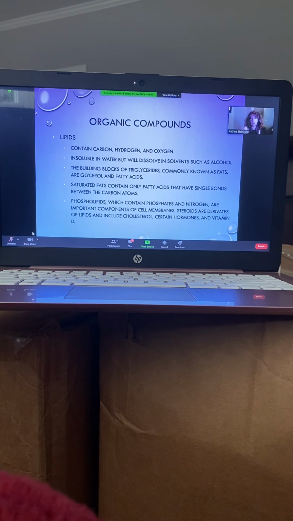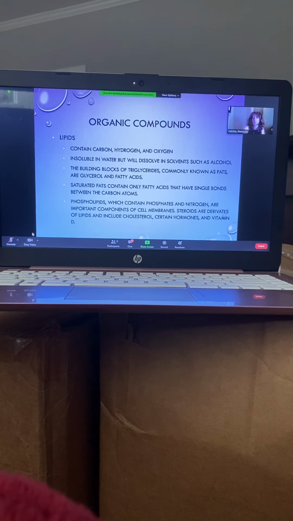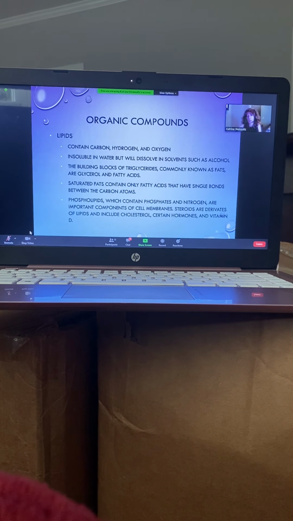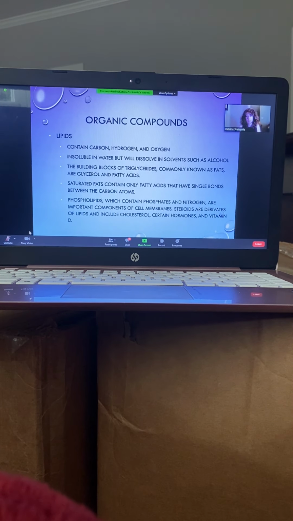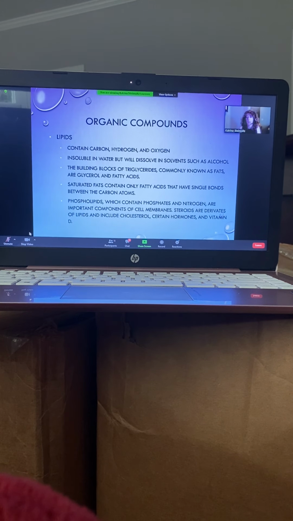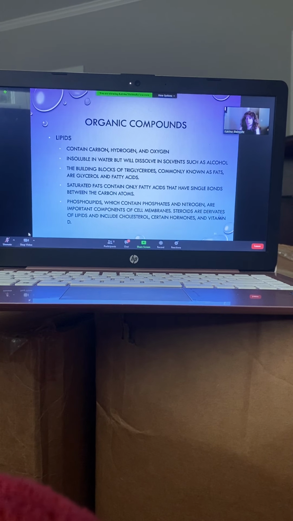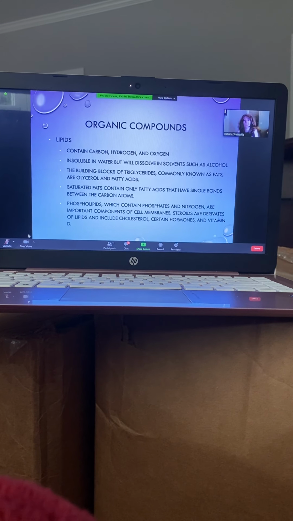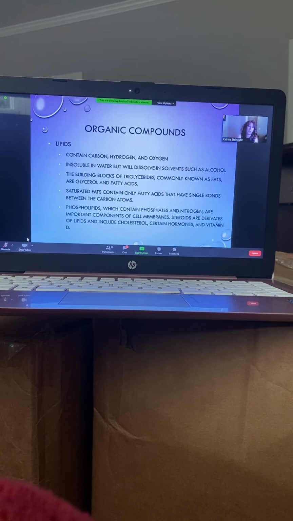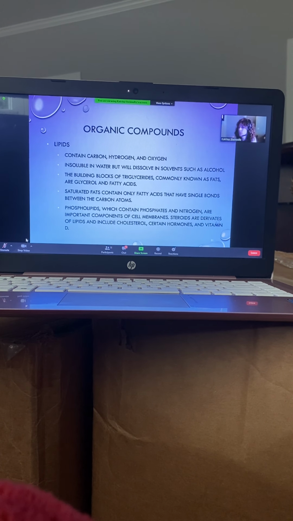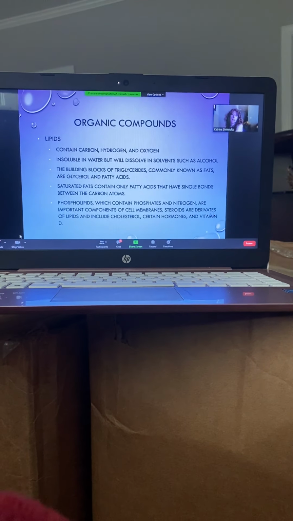So if you have an alcohol, lipids will dissolve in an alcohol. They are the building blocks. The triglycerides. We've heard about triglycerides as being kind of a bad thing. We don't want to get them at too high a concentration in our blood. And then we have saturated fats, and we have unsaturated fats. Saturated fats are those that have single bonds.